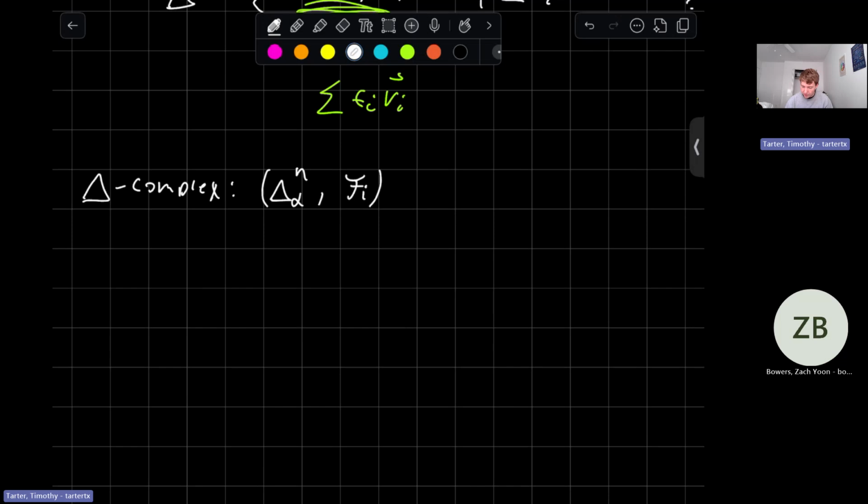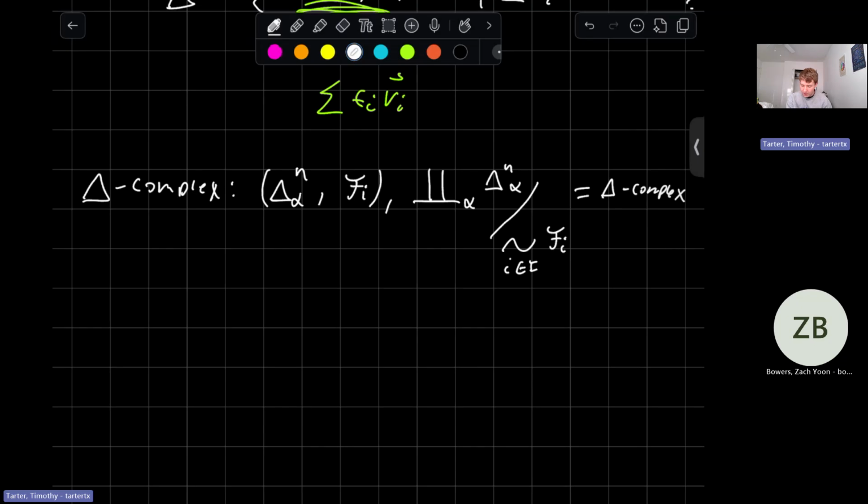Then one forms a quotient space of the disjoint union of Delta alpha n modulo identifying the faces. And this is the delta complex. And that is accomplished by the canonical linear homeomorphisms between each of the faces.